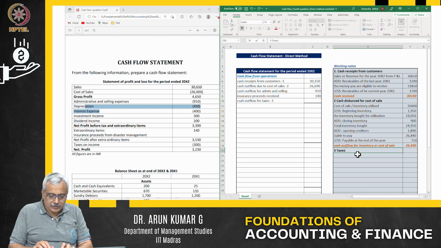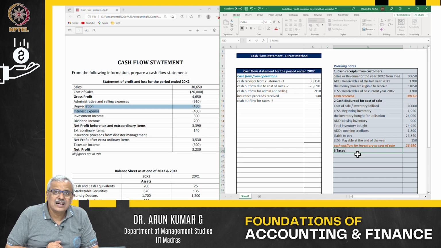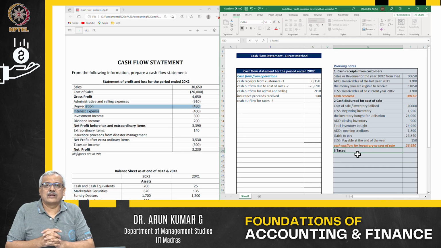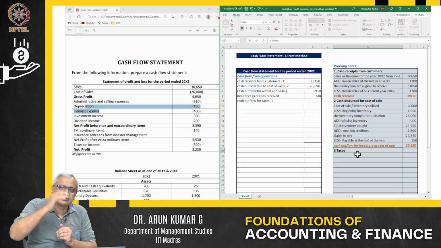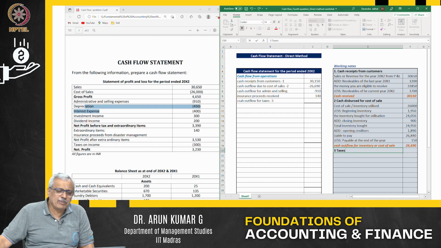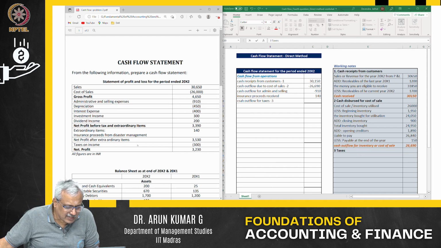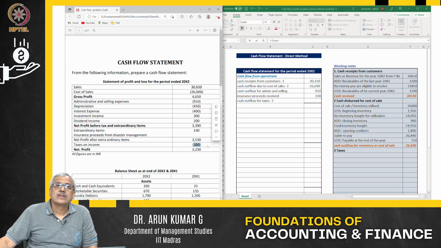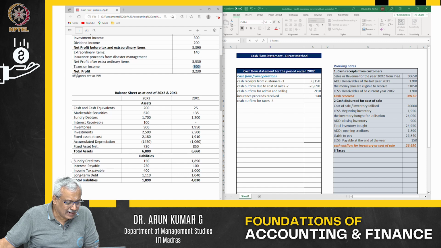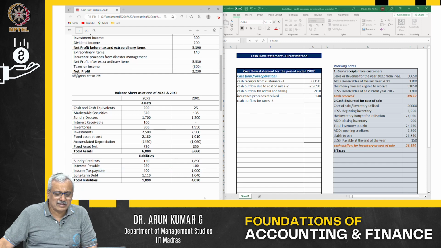Taxes. Sir, why is the further calculation required? No, because if you see the P&L, what is the taxes and income? $300. But I go to the balance sheet, it says income tax payable last year, income tax payable this year.